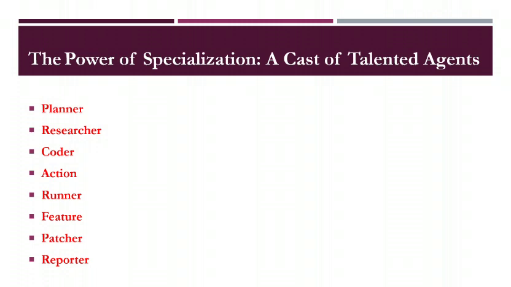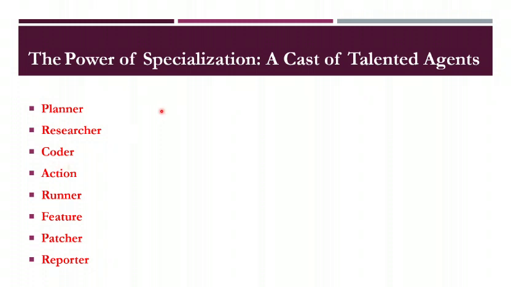So this is the power of specialization. Besides this agent core, there is a collection of specialized agents. Each is a master of its craft. So here is a glimpse of their expertise. First is a planner. It analyzes your prompts, devises step-by-step plans, and then summarizes the key areas of focus. Then a researcher. It extracts the search queries from the plan, prioritizes them for efficiency, and then gathers information through targeted web searches.